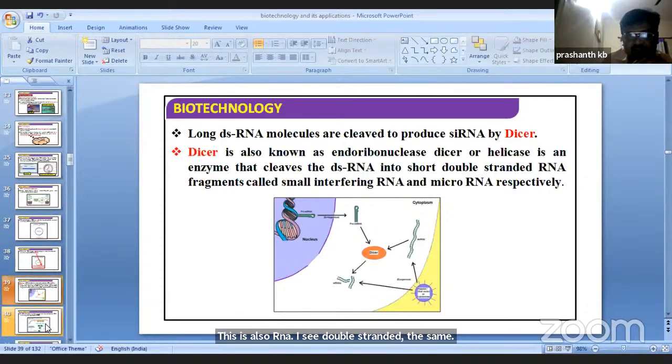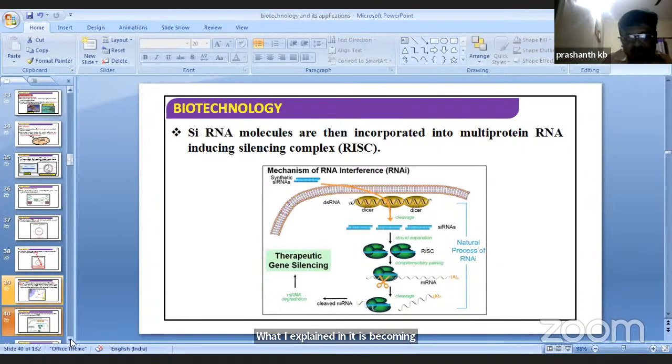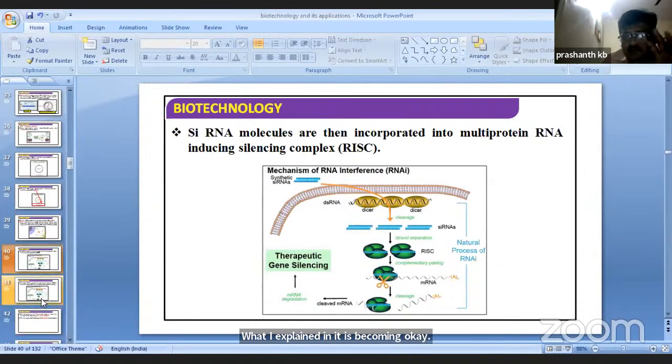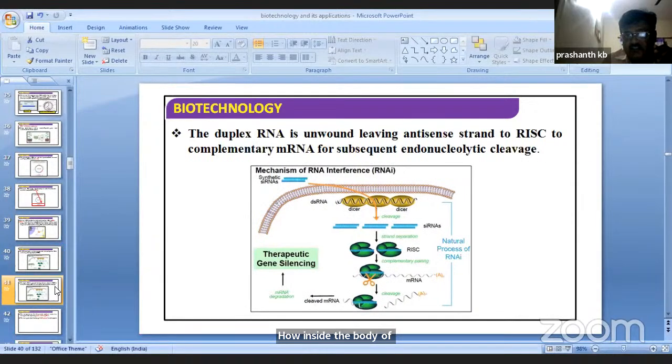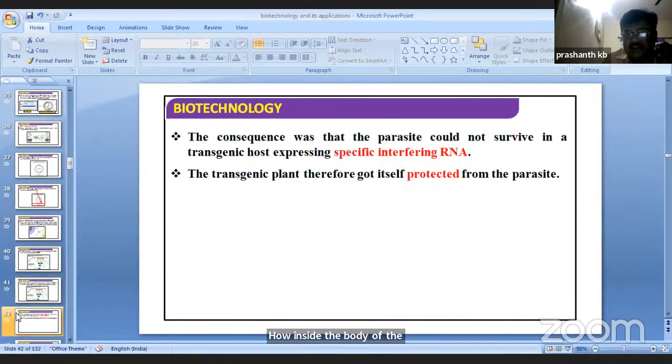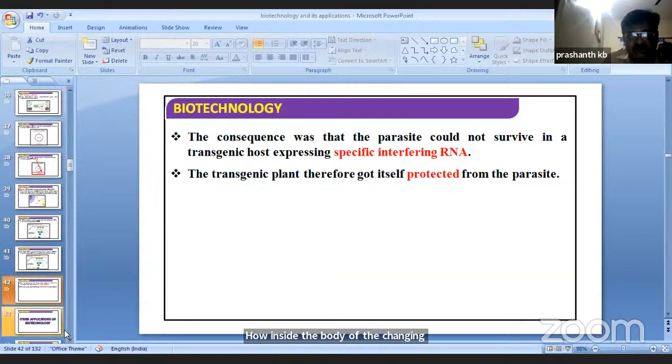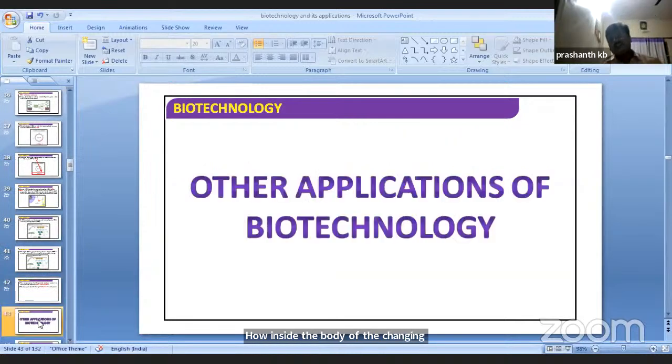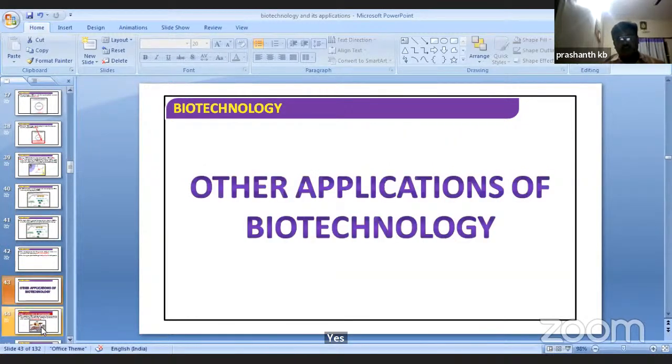So this much level is not there. I simply explained how inside the body the information is changing. Silencing technique.